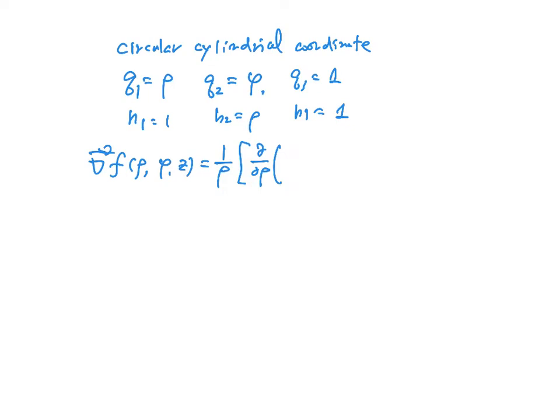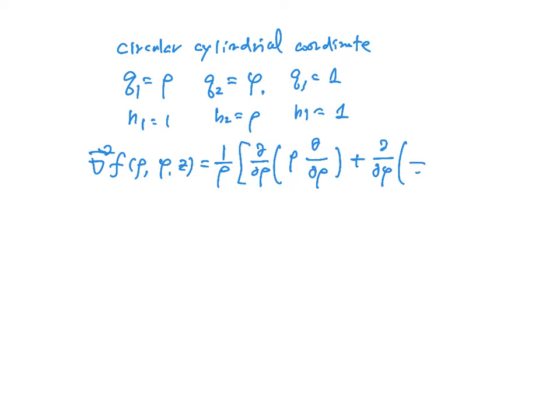H1 is 1, H2, H3 is rho, partial rho partial f. Plus partial phi partial, H2 is rho, right?